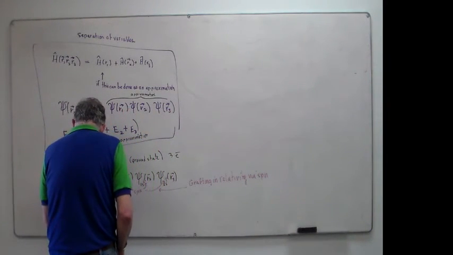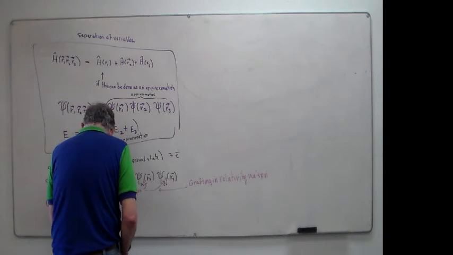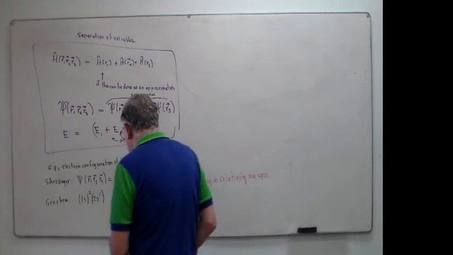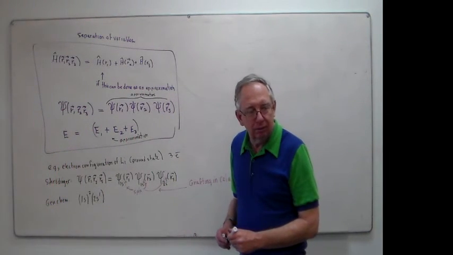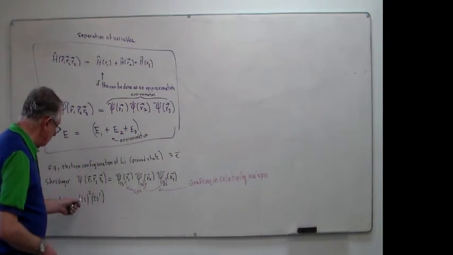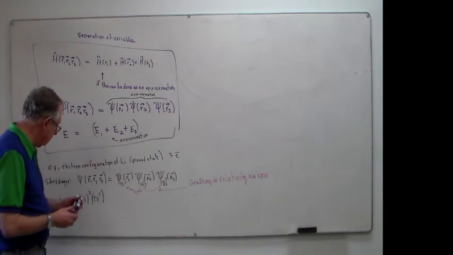You write 1s^2 2s^1. You say there are 2 electrons in the 1s and 1 electron in the 2s.